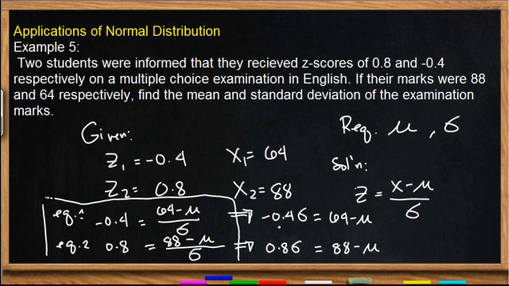So, pwede ta mag-elimination, pwede ta mag-substitution, bahala na kamo. Kung di kamo kabalo mo-solve ani nga 2 equations, 2 unknowns, algebra na siya problem, dili na stat problem. So, dapat makakuha na kag mu, makakuha pud og sigma.